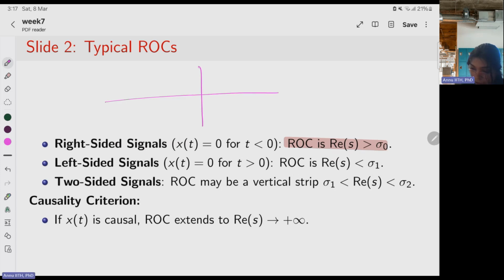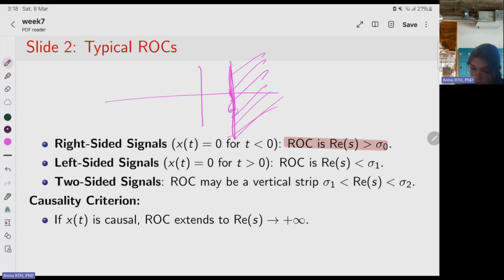Real of s greater than sigma 0: suppose sigma 0 is somewhere here. This is the right-handed signal.